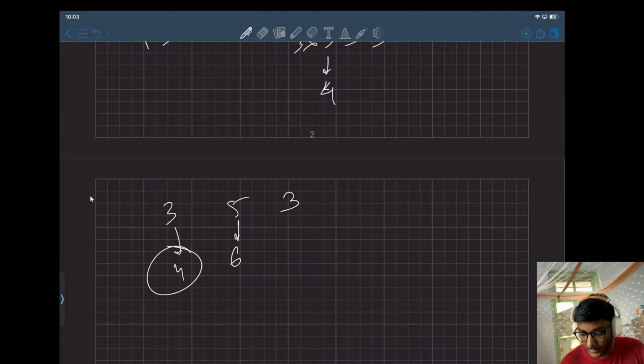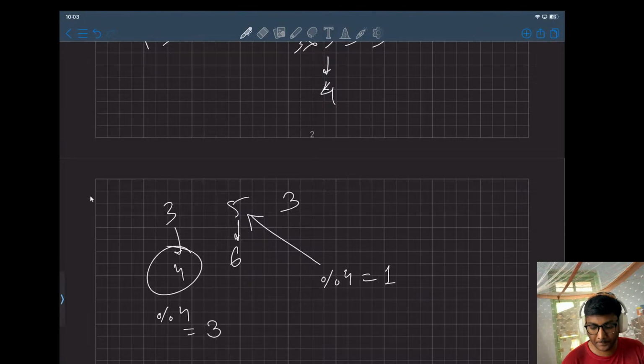This is modulo 4 equal to 3. This is modulo 4 equal to 1. So maybe for every integer, I will check what is its modulo 4.